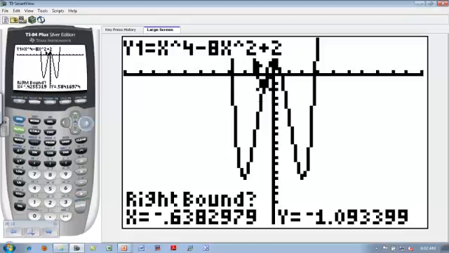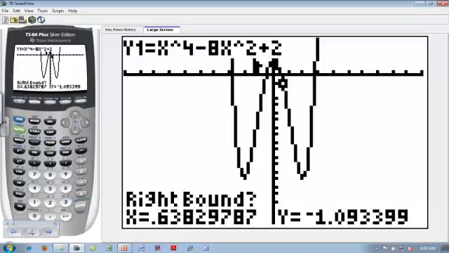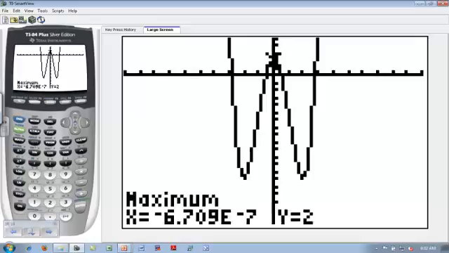And they think that maximum is negative 6.7 times e to the, what the heck does that mean? It means it's essentially 0. It's a number that's really, really close to 0. So it looks like negative 2, 0, and some other place.